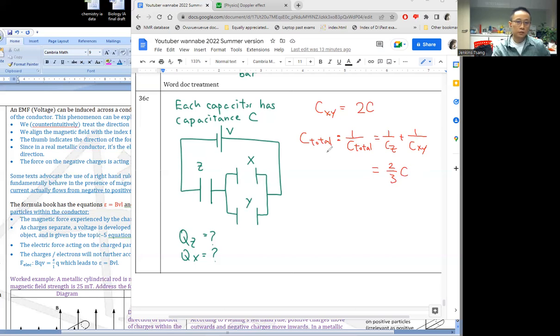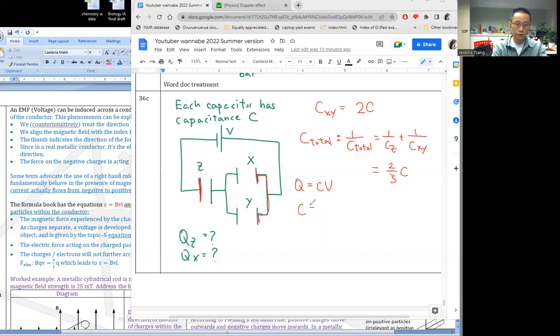See, is this actually useful? You guys may wonder. Well, it turns out you can use Q equals CV to figure out how much charge will accumulate at certain locations. So if this is the C system, then the Q that you are calculating is actually going to be here as well as here.